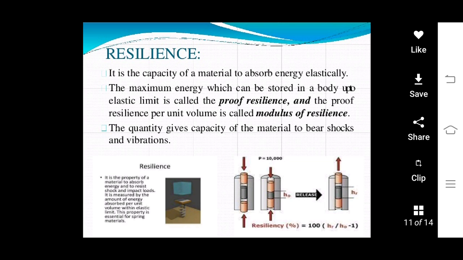This quantity gives the capacity of a material to bear shocks and vibrations. The following diagram shows the resilience property of the metal. It absorbs shock up to a certain limit, and the energy absorbed up to the elastic limit is called proof resilience.